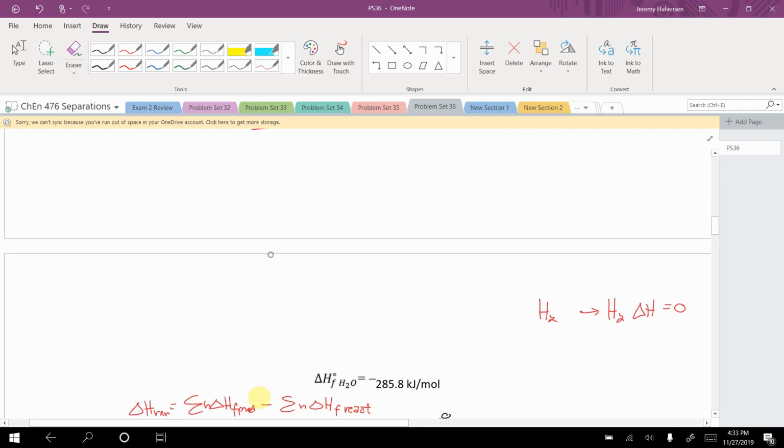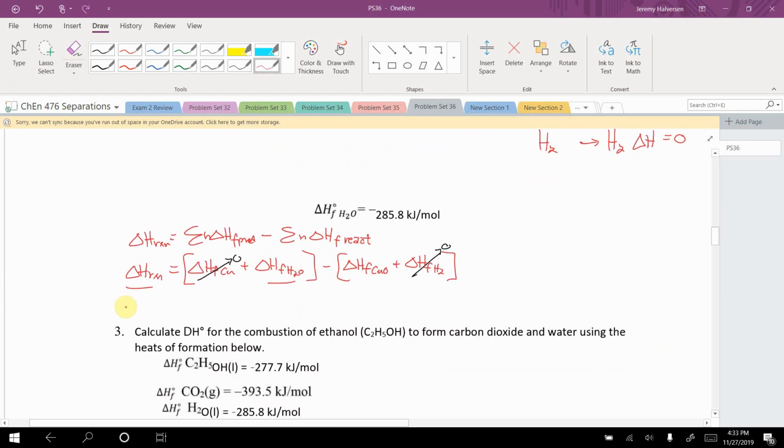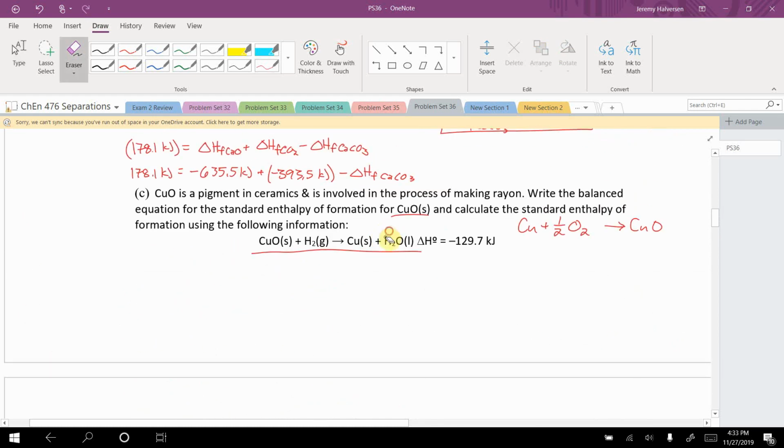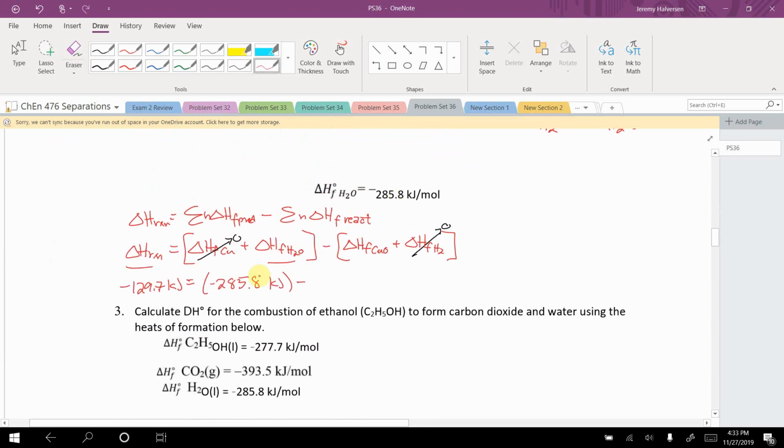So delta H of this reaction, negative 129.7, equals the delta H of formation of water, which is given. Now, it says kilojoules per mole. I just wrote kilojoules because technically I'm multiplying these delta H of formation numbers by the number of moles in the reaction. And there's only 1 mole here. So technically I'm multiplying that negative 285.8 by 1 mole, so the moles in the bottom goes away.